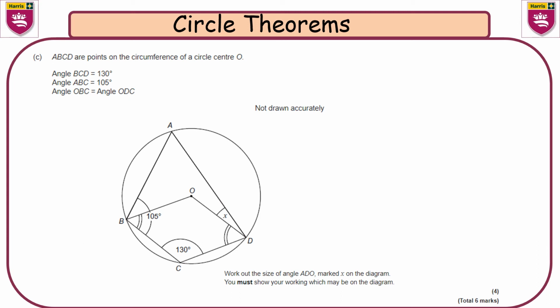So it means this bit here is the same angle as this. Work out the size of the angle ADO, marked X on the diagram, and you must show your working, which may be on the diagram.